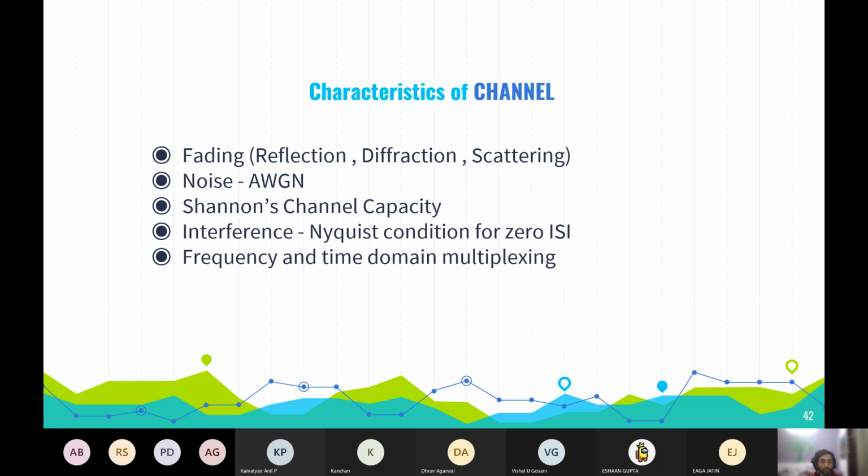The proof is very complicated for it. We are only going to discuss the theorem. Interference: interference is when other signals having the same frequency disturb the amplitude of the signal.